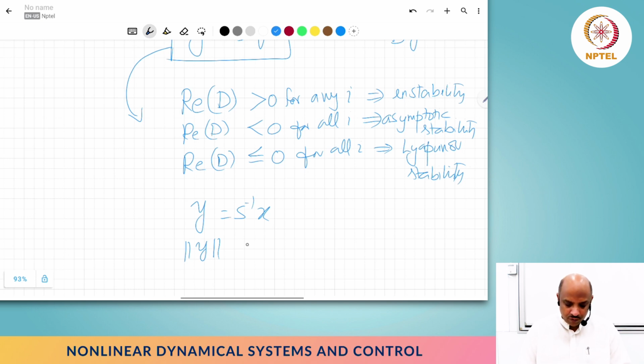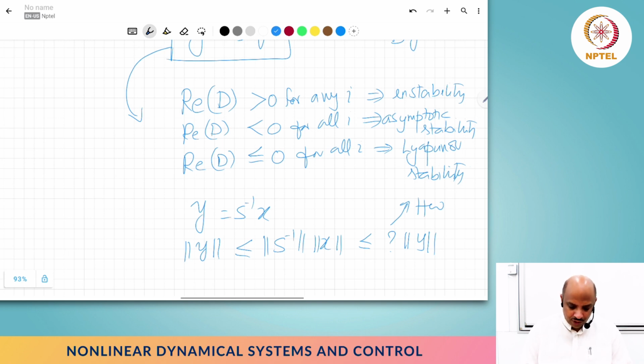We can show that the norm of y is less than or equal to some kind of norm of S times the norm of x, which also can be shown to be bounded by some other number times the norm of y. I'll leave this as homework for you to figure out how we do an upper bound between this and that.